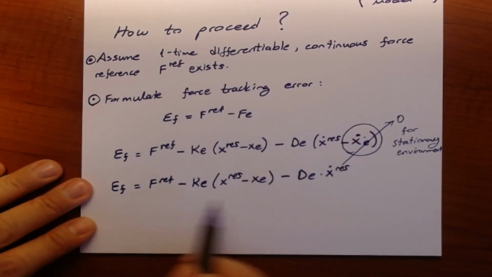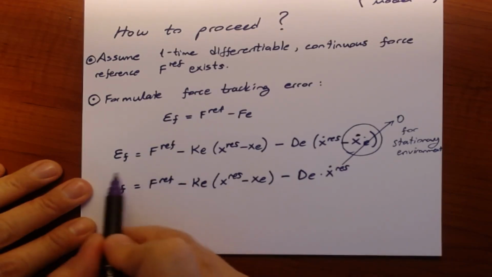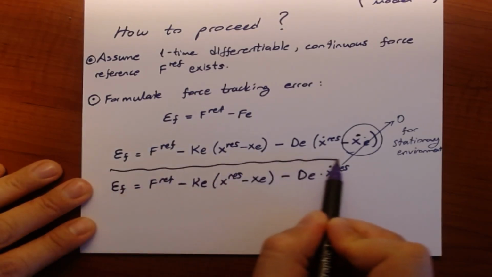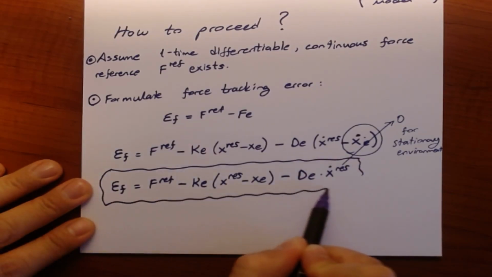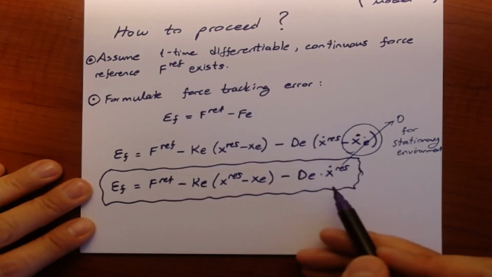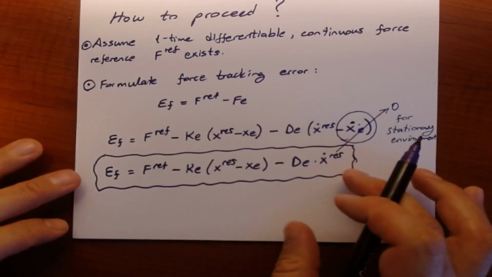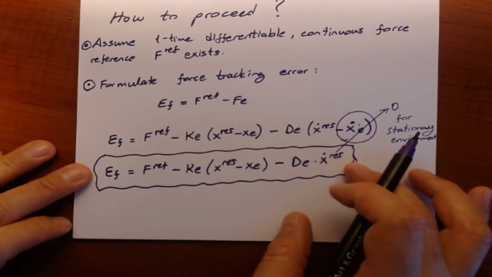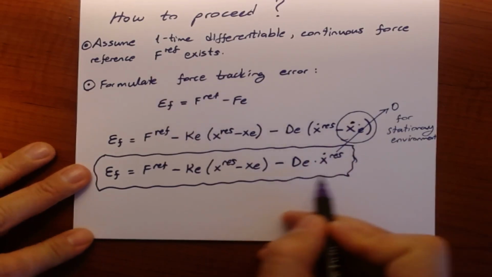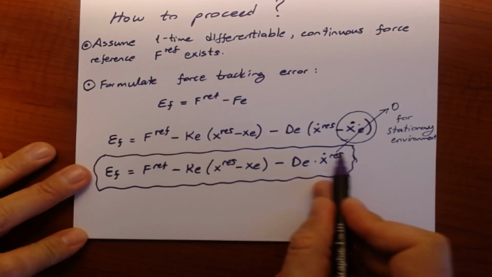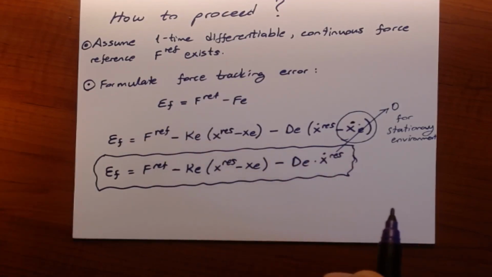Well, this error is nothing but the same way of thinking with the previously formulated method. Here you have a natural velocity feedback in your system.